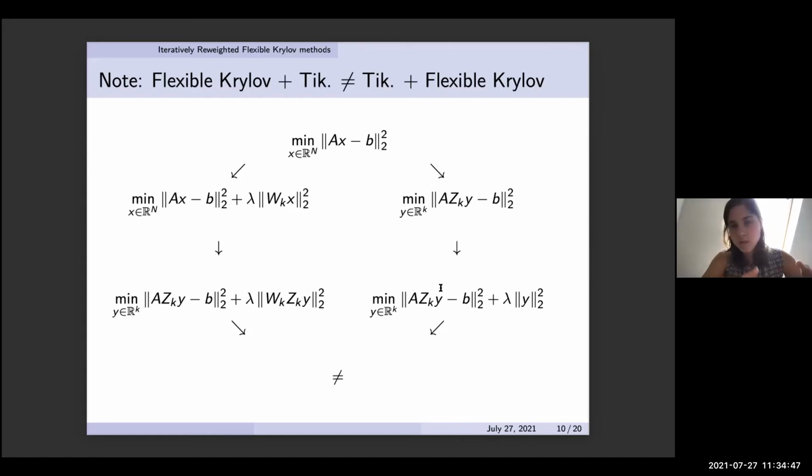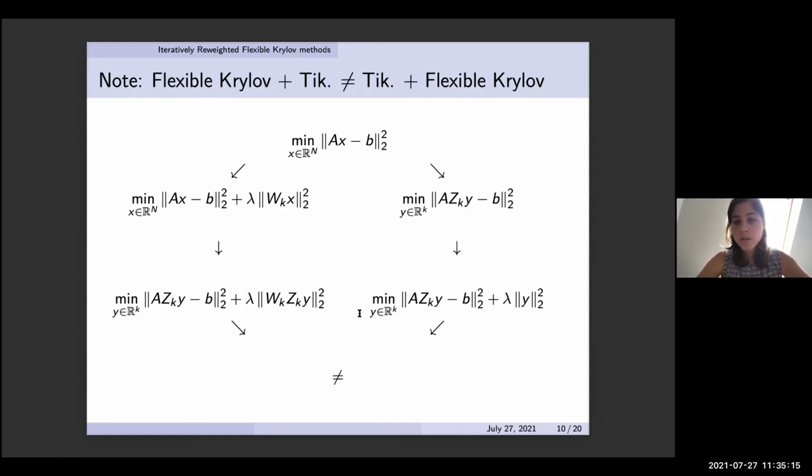And the regularization term gives you regularization in another way. Even if you just do regularization by adding a regularization term, or if you just project in your flexible Krylov subspace, you are still regularizing the problem, and you're still adding some information about the sparsity of the solution.